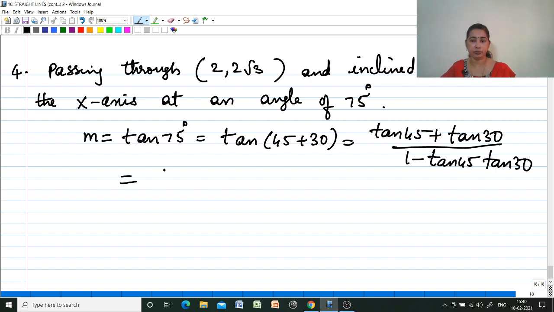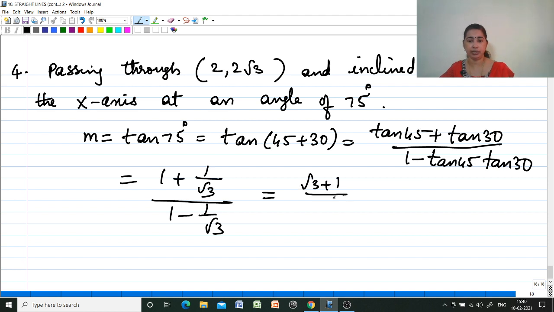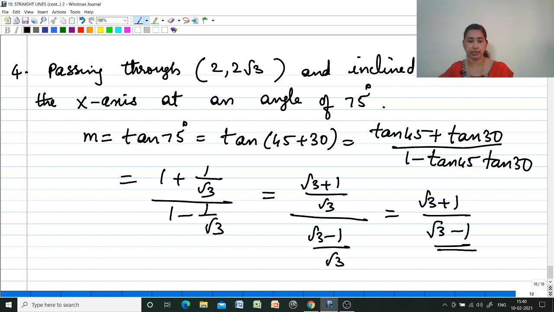Tan 45 is 1, tan 30 is 1 by root 3, so it is 1 plus 1 by root 3 divided by 1 minus 1 by root 3. That can be written, cross multiplying, as root 3 plus 1 by root 3 divided by root 3 minus 1 by root 3, which is the same as root 3 plus 1 by root 3 minus 1. So that is the slope.